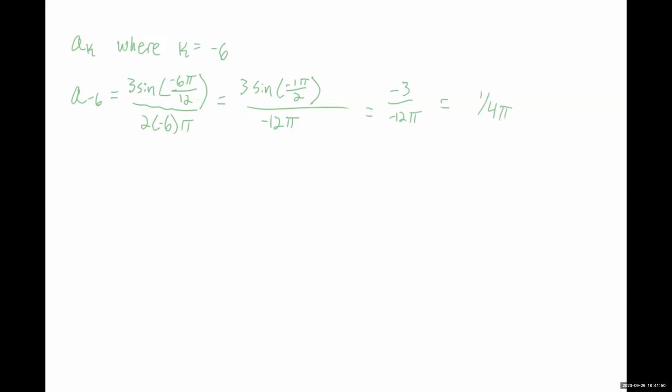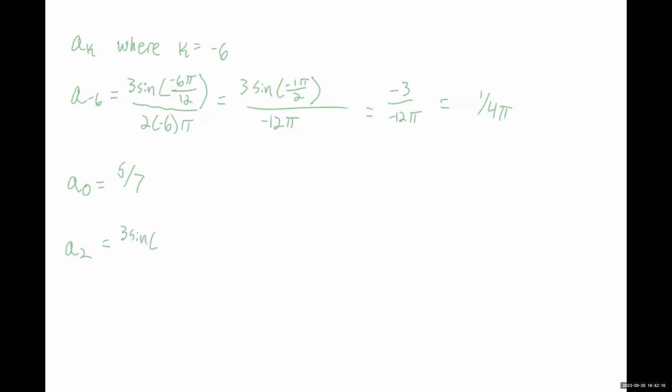Our a naught, or a0, was defined in the problem. It's 5 over 7, so that's going to remain as that. And our a2 is going to be equal to 3 sine of, what was the equation again?